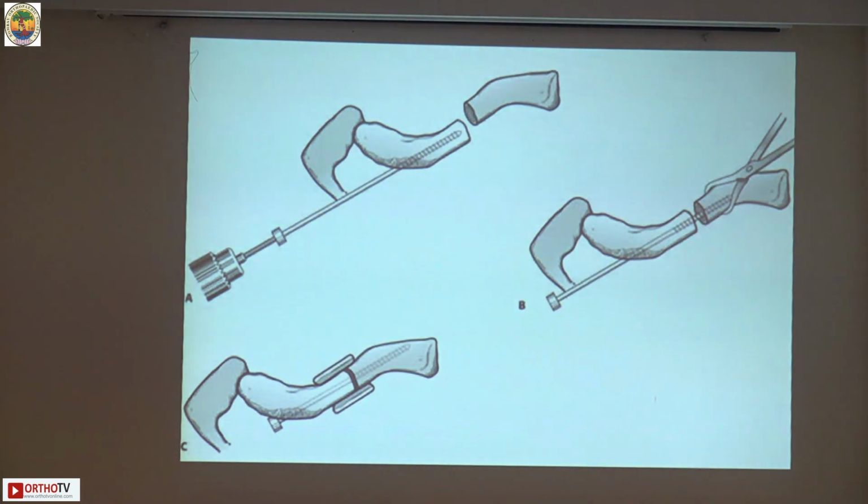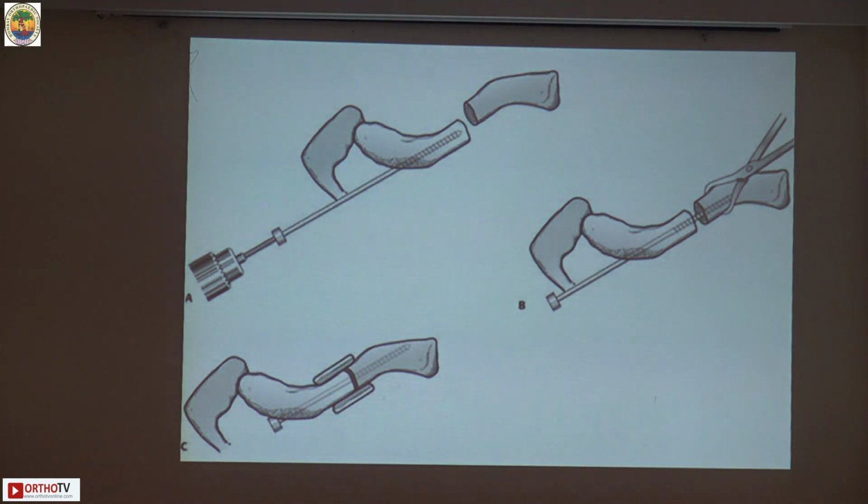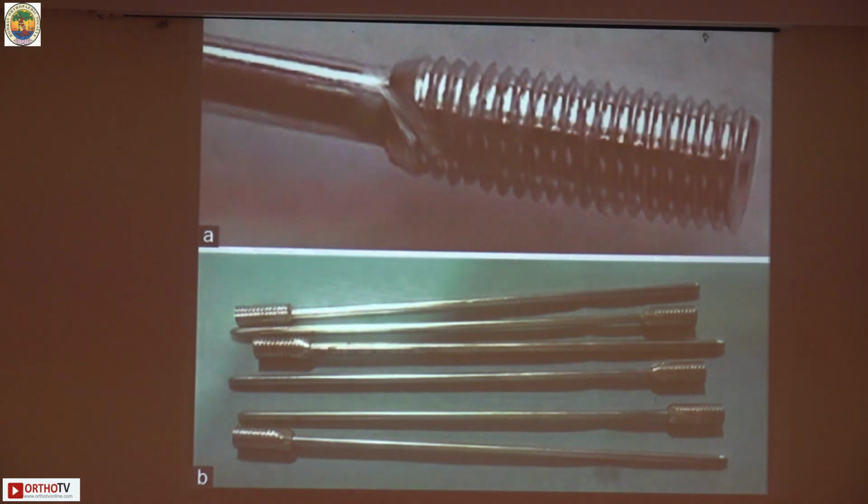We have nails from lateral to medial, and this is screw intramedullary fixation. Medially, there is a screw which gets engaged in the medial cortex, hence avoiding migration of the nail, which is a common feature in nailing.